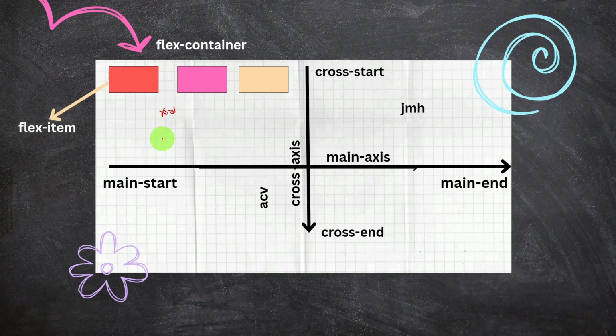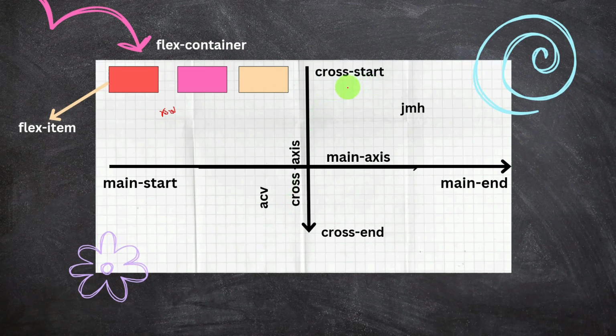Let me just explain again. As soon as we give display flex to the parent container, by default, all its children will be arranged in a horizontal row. So when the direction is horizontal, it is called the main axis. Starting will be called main start and ending will be called main end. And the opposite, vertical, will be called the cross axis.